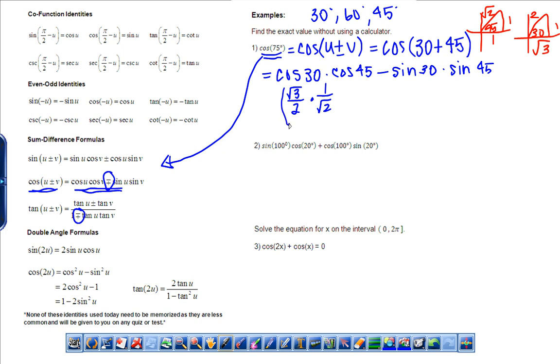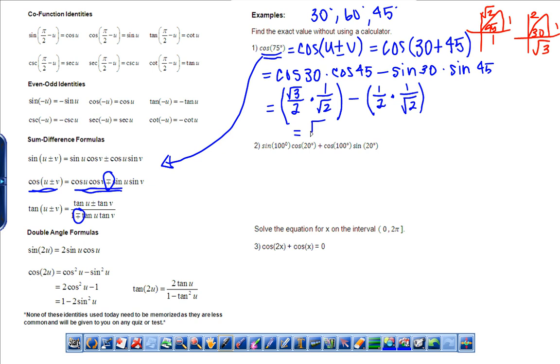Okay, so I multiplied those two. Now let's do the same thing with sine. Sine from your 30-degree triangle is going to be 1 over 2 times sine from your 45-degree triangle, which is also going to be 1 over square root 2. Okay, we just need to simplify inside the parentheses now. When you simplify these, you don't have to find a common denominator, just go straight across.